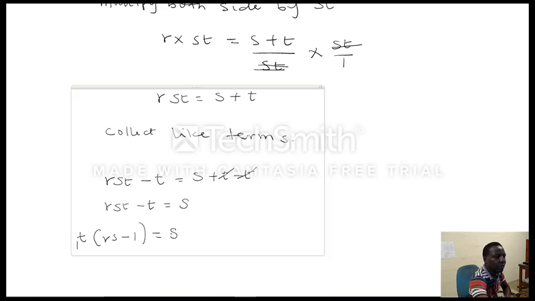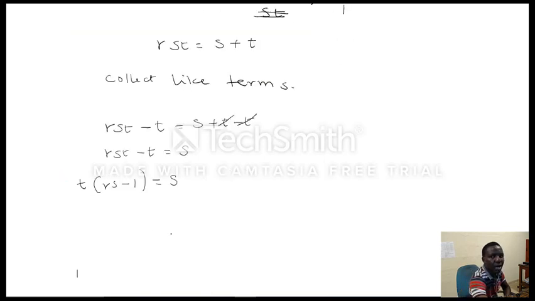We have ended up factorizing out t. I'm going to divide both sides by rs minus 1, being that rs minus 1 needs to move to the other side, making t the subject of the formula.